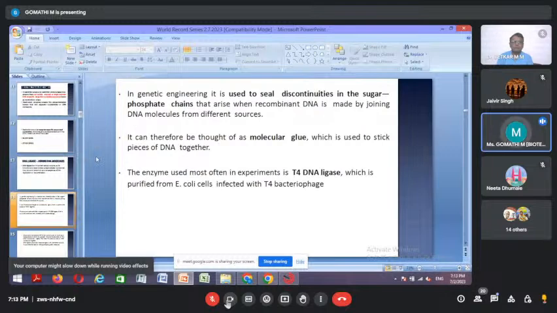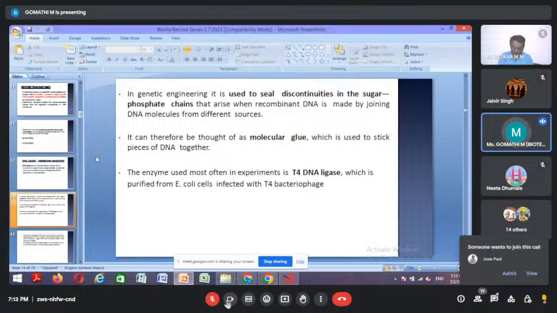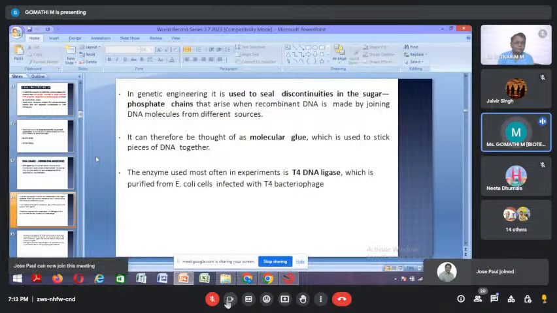In genetic engineering, it is used to seal discontinuities in the sugar phosphate chain that arise when recombinant DNA is made by joining DNA molecules from different sources. It can therefore be thought of as molecular glue, which is used to stick pieces of DNA together. So this is also called a molecular glue. Since it joins two fragments of DNA, it is called molecular glue.